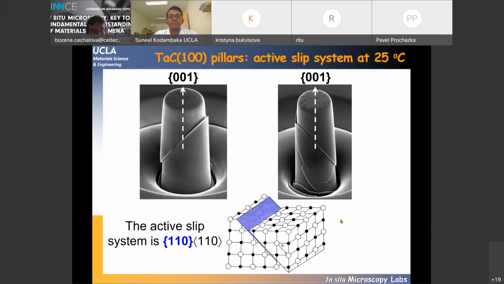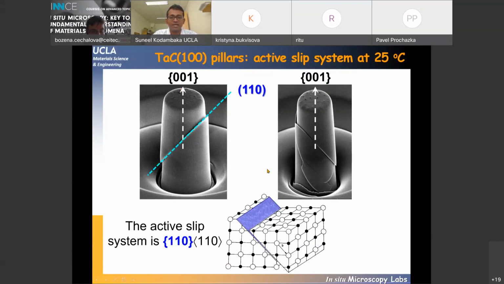And the nice thing about SEM is that, without going into the TEM, you can identify the slip systems if you collect the images at the right angles. And so it turns out that for compression of 001 oriented crystals at this temperature, the 110 is the preferred slip plane.